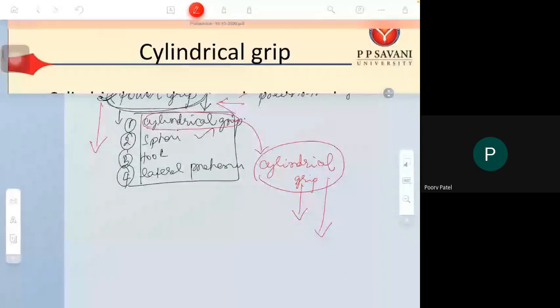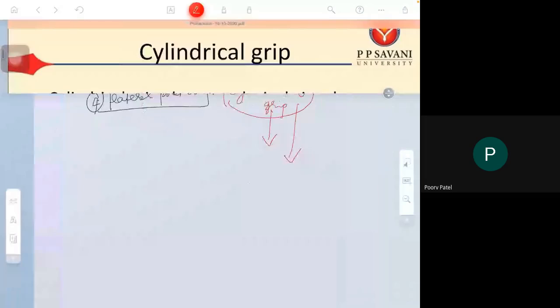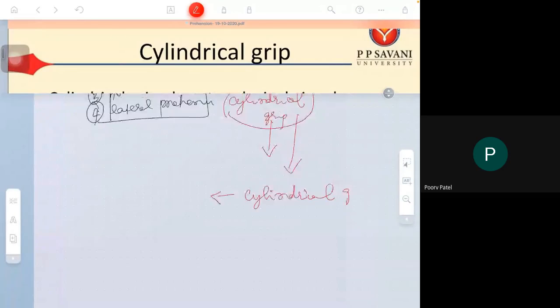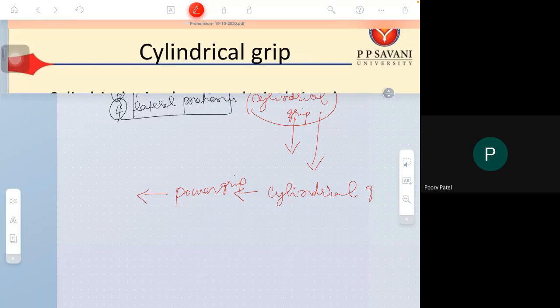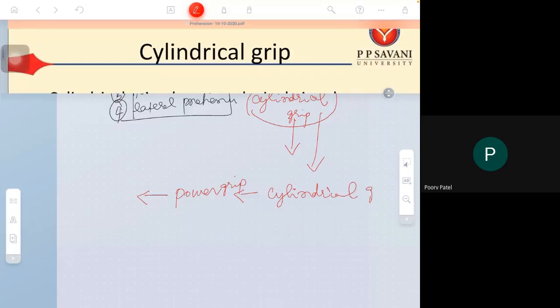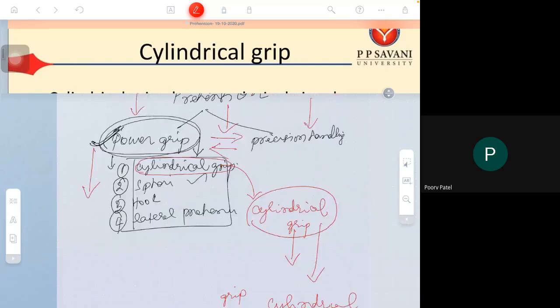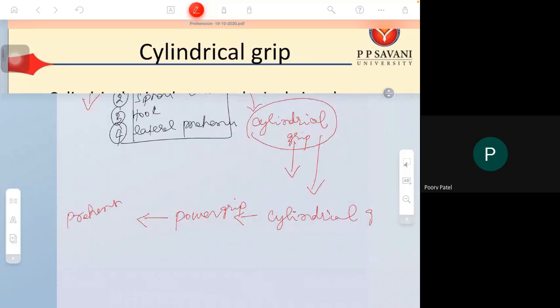So what is cylindrical grip? Cylindrical grip is a part of power grip. What is power grip? Power grip is a part of prehension. Clear? So power grip is a part of prehension, and cylindrical grip is a part of the power grip.